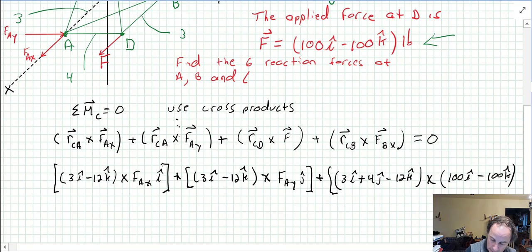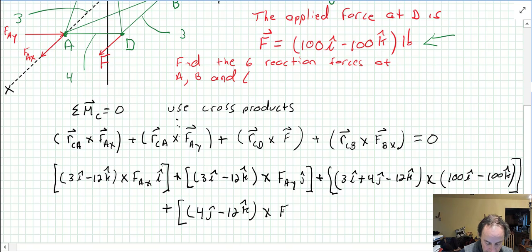And we're not done yet. Plus the last force, the FBX. So its unit vector is 4j minus 12k crossed with FBX i hat. And that whole mess equals 0.